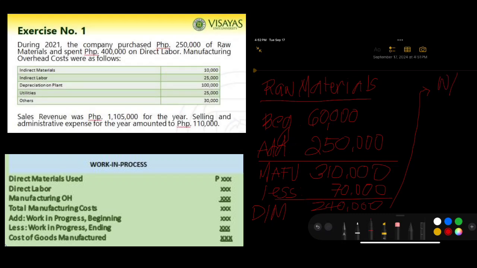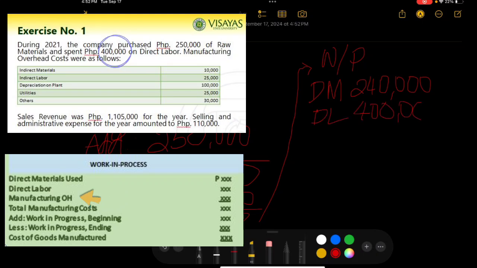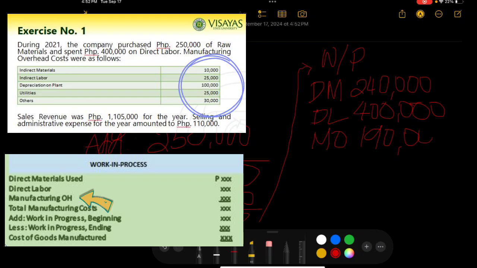So, ito yung work in process. So, sa work in process mo, you start with the direct materials, which is 240,000. Tapos sa 240,000 na yan, i-plus mo yung direct labor, which is the 400,000, with your manufacturing overhead, which is 190,000. Yung total niyan would be your manufacturing cost, which is 830,000. Okay?